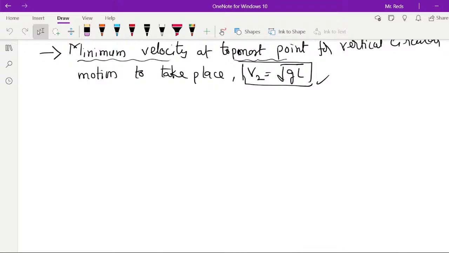So the minimum velocity at the topmost point for vertical circular motion to take place is root GL. V2 equal to root GL, or VB equal to root GL.